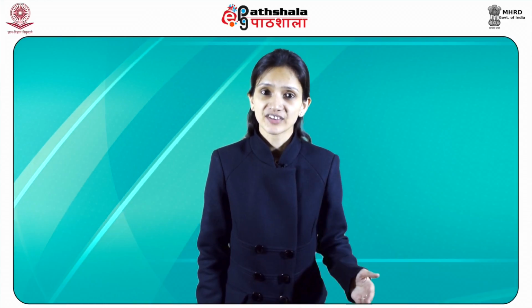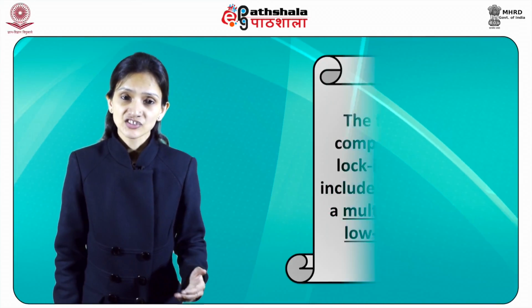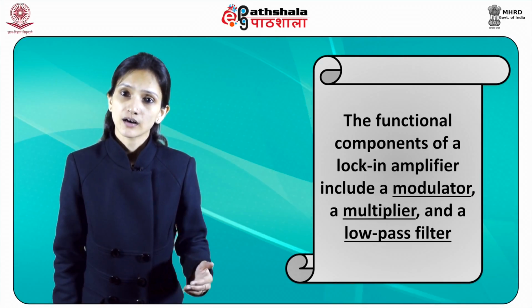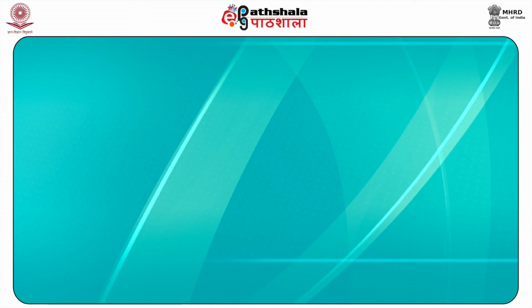The lock-in or phase-sensitive amplifier offers a solution to these problems. Using a combination of signal frequency and phase relationships, it discriminates between both flicker and white noises. The functional components of a lock-in amplifier include a modulator, a multiplier, and a low-pass filter.